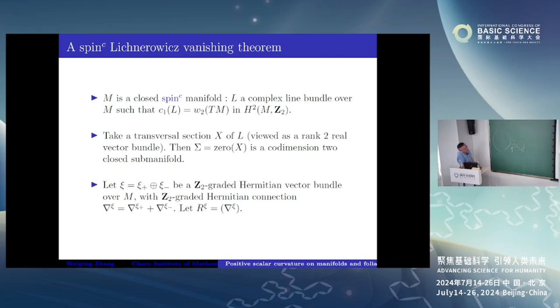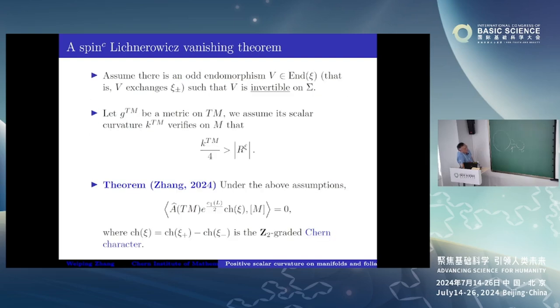We also assume on the total manifold there is a Z2 graded Hermitian vector bundle with the Z2 splitting. Then we assume there is an odd endomorphism V of the Z2 graded bundle, odd meaning V exchanges psi plus and minus, and we assume V is invertible on this submanifold.